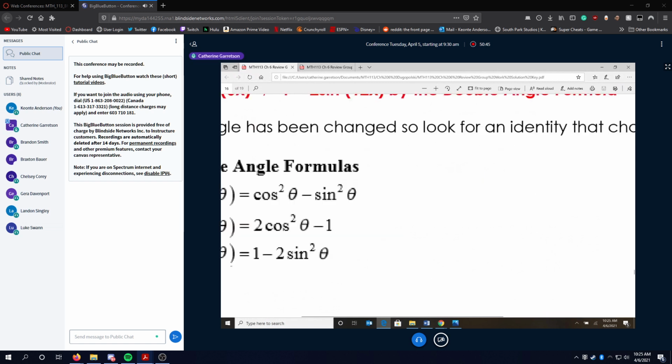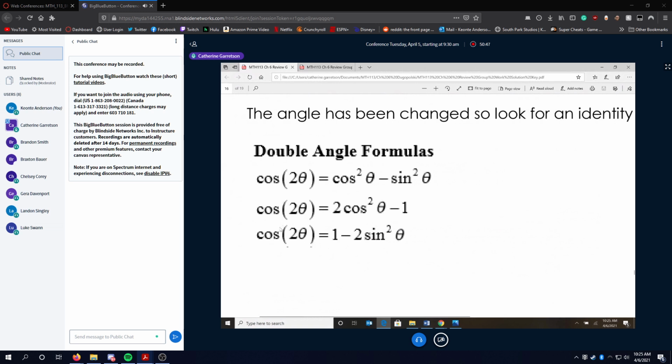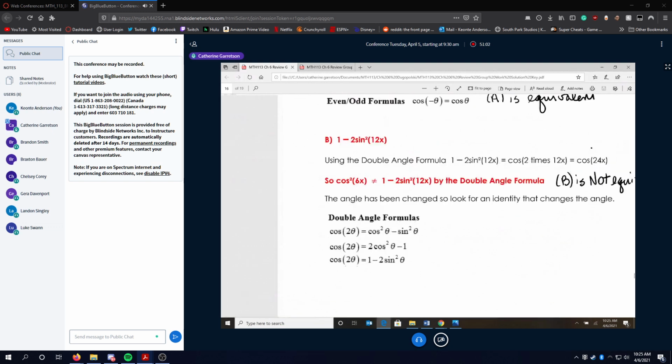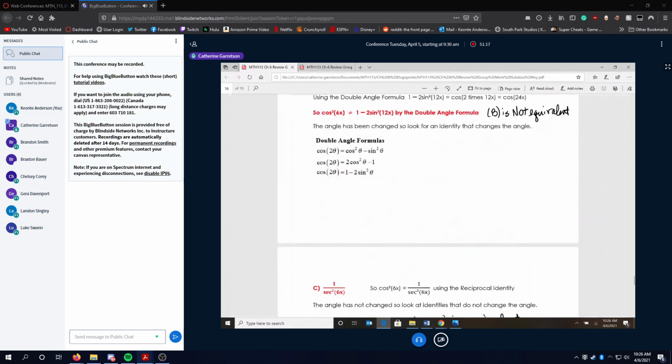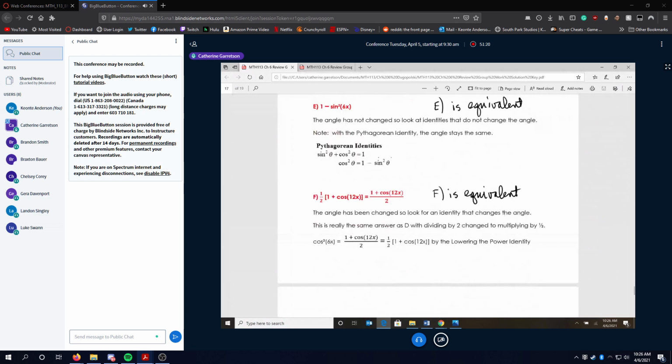But notice that the cosine is not squared. So a cosine squared would be equal to 1 minus 2 sine squared with the angle cut in half. Looking at this, we didn't have just a cosine, we had a square. So B is not the same. This is not equivalent unless this had been just a cosine. So the right answer, which is the wrong identity, was B.